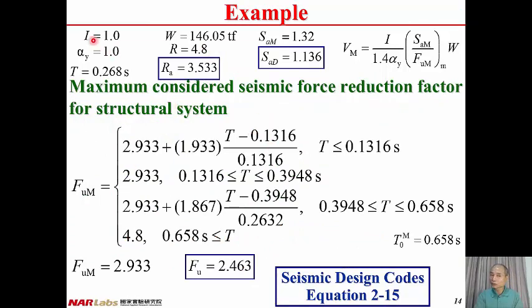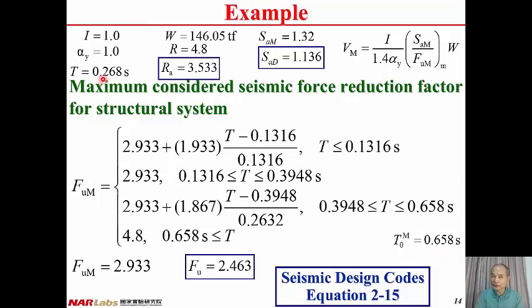So far we have I, importance factor, W, total structural weight, SAM, maximum considered spectral acceleration, R equals 4.8, alpha Y equals 1.0, the structural vibration period equals 0.268 seconds. And the question is to find the maximum seismic reduction factor for structural system. From previous lecture, we have T0M equal to 0.658 seconds.